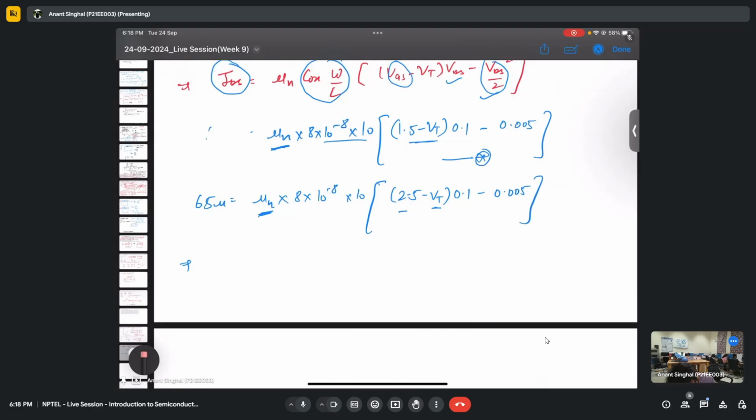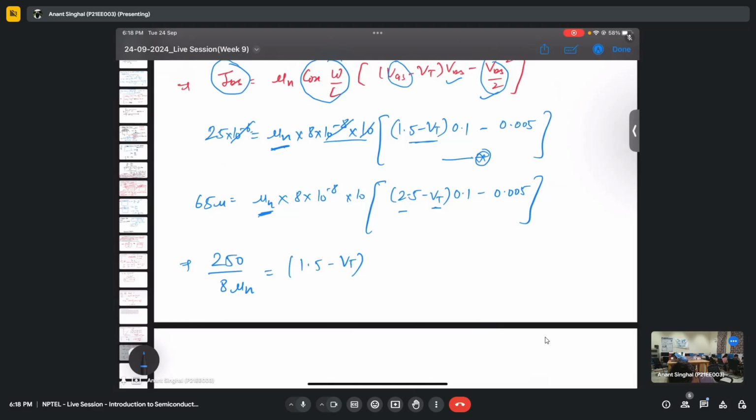So minus 6 will give minus 2 and this is minus 1. So this will be 0.8, which means 250 by 8 mu n is nothing but 1.5 minus Vt, 0.1 minus 0.005.